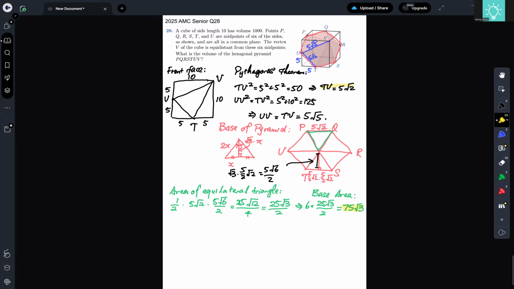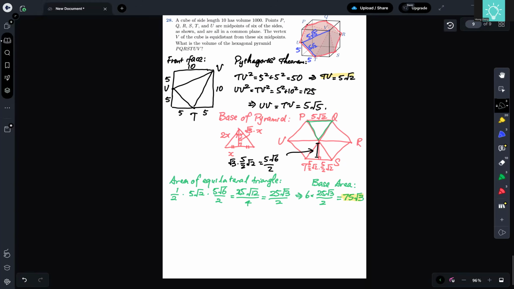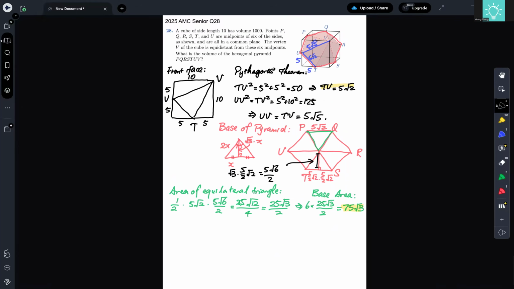Now, what do we have left? Well, we still have to work out the height of the pyramid first. So, noticed here that QT, we have to work out what that is. Maybe focus on this triangle QVT here, because they are opposite corners of that hexagon, and the altitude of that triangle is going to be your height. Okay.